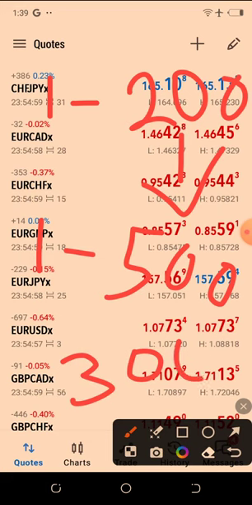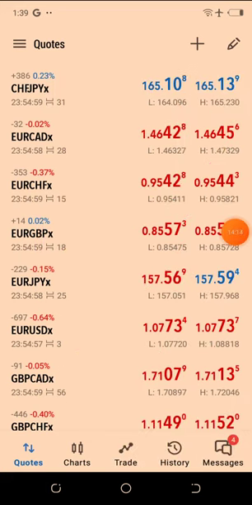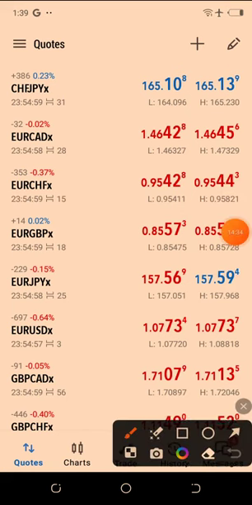Now, for your bureau de change to make profit, they will be waiting for a very huge difference, a very huge change. They will be waiting for like 10 Naira change or so.